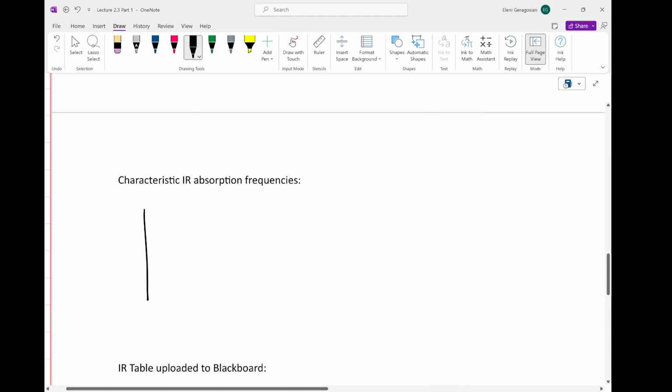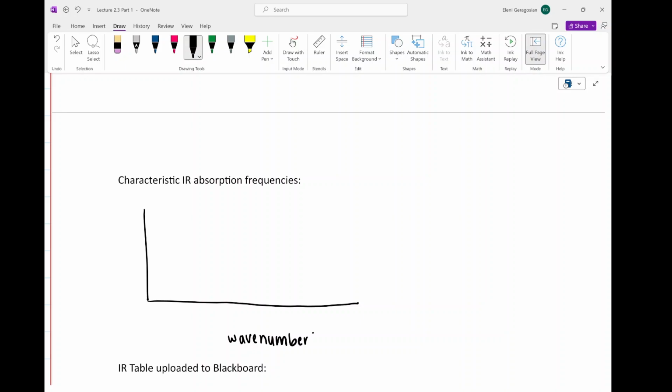So let's draw a general IR spectrum here. So this x-axis is wave number, in units of centimeters to the negative first power. And we will fill in the x-axis. We'll start at about 400 wave numbers.